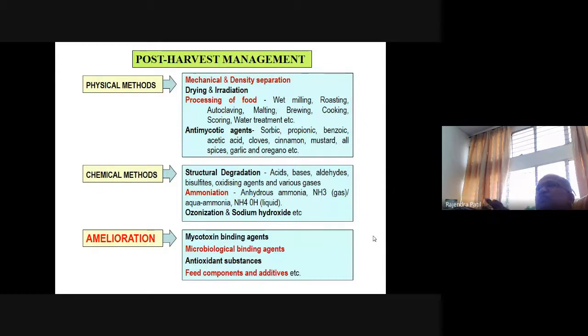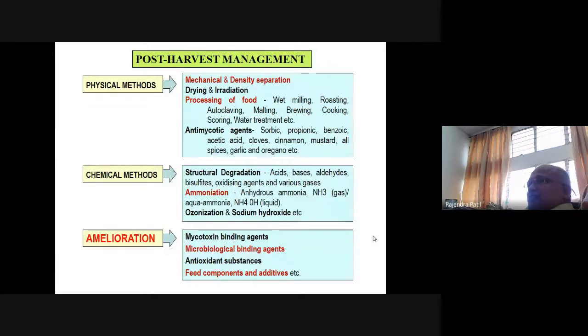Even water treatment will also reduce the mycotoxin levels in contaminated grains or food. Then mechanical and density separation, like in groundnut, whatever the affected groundnuts, we have to separate them. That is usual practice. And with drying and irradiation, even simple sun drying will reduce the mycotoxin level in the feed.